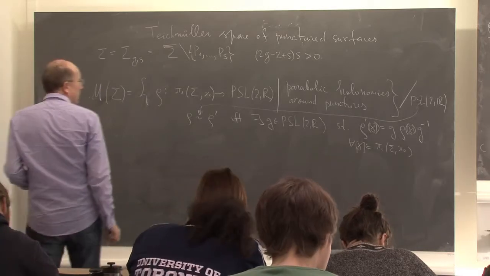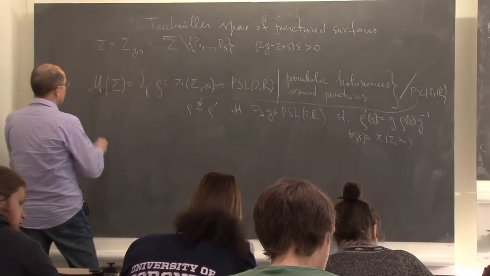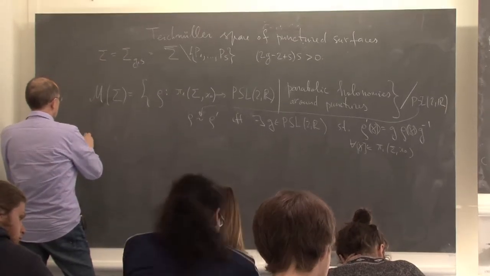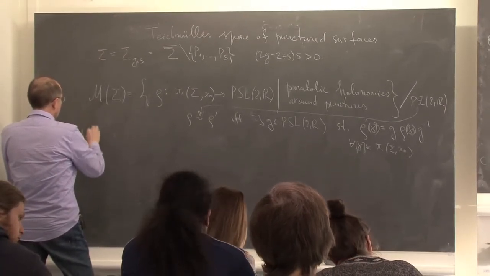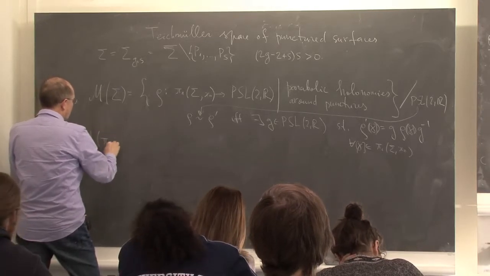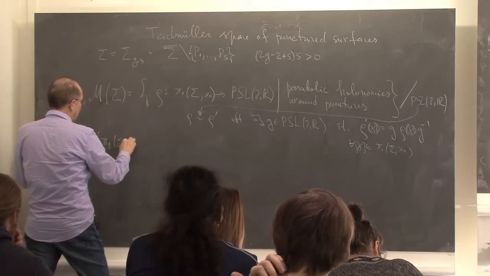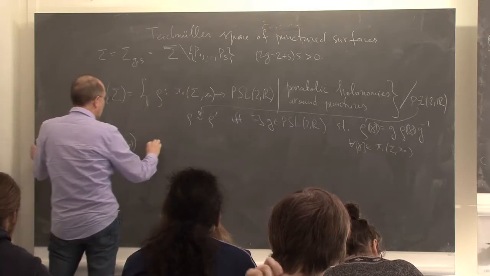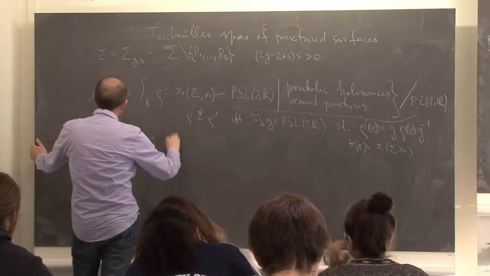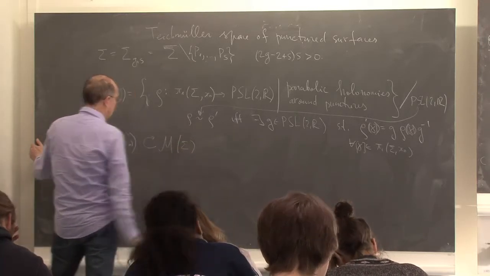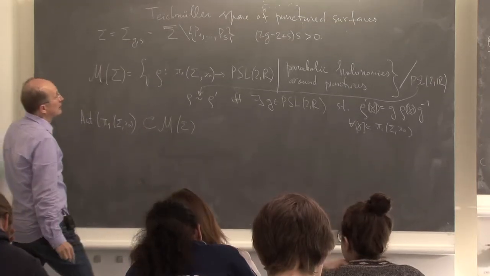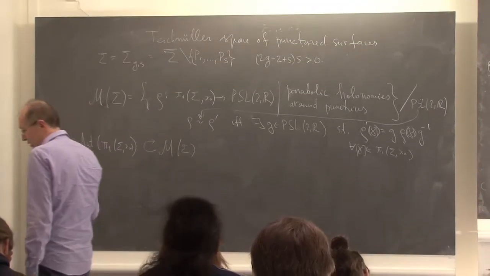Yeah, and just as a side remark, the automorphism group of pi 1 acts on that space just by precomposition.